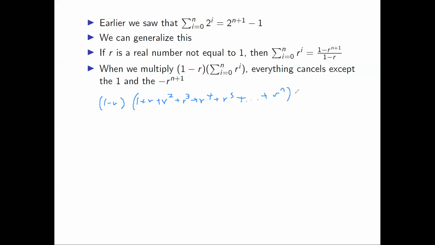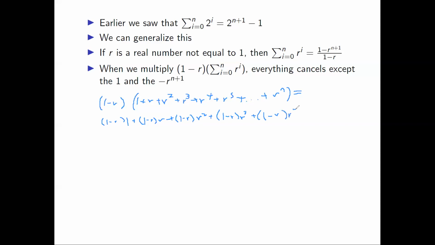Okay, so we have 1 minus r times this finite sum. Now, when we use the distributive property, we'll get 1 minus r times 1 plus 1 minus r times r plus 1 minus r times r squared plus 1 minus r times r cubed plus 1 minus r times r to the 4th.